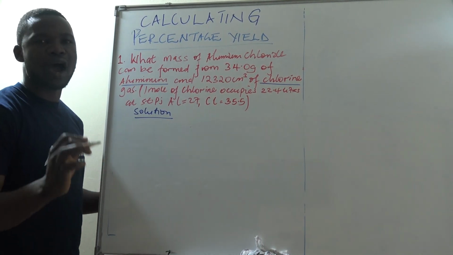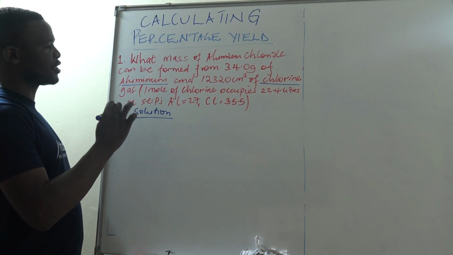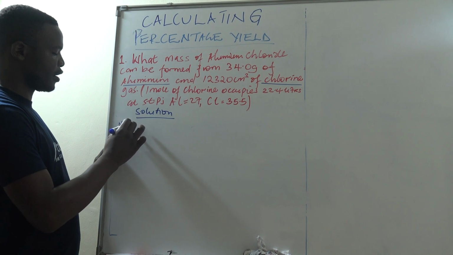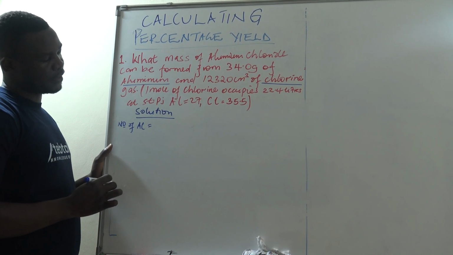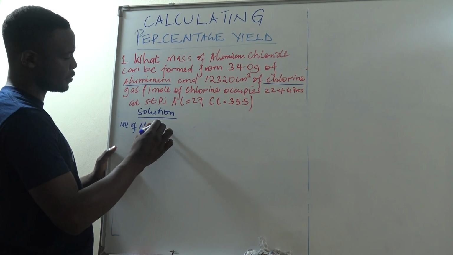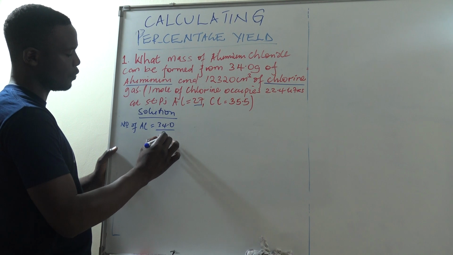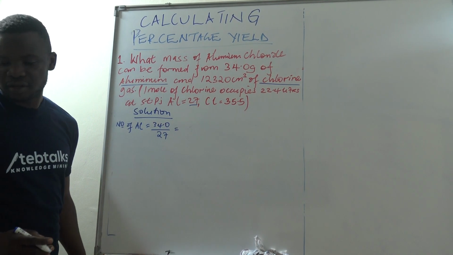These are our reactants. Now, how do we determine the number of moles of aluminium? We know that number of moles is mass given over the RFM of aluminium, which is 27.